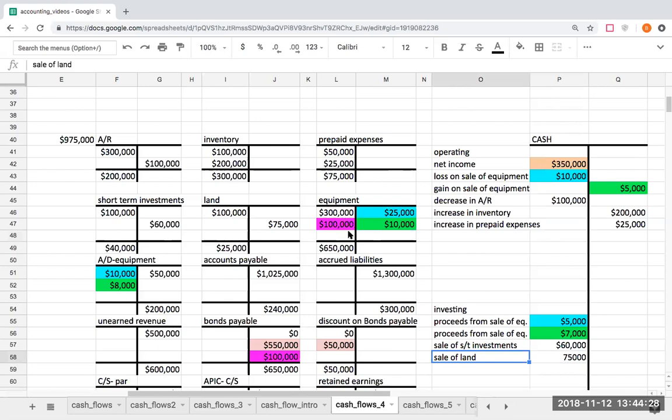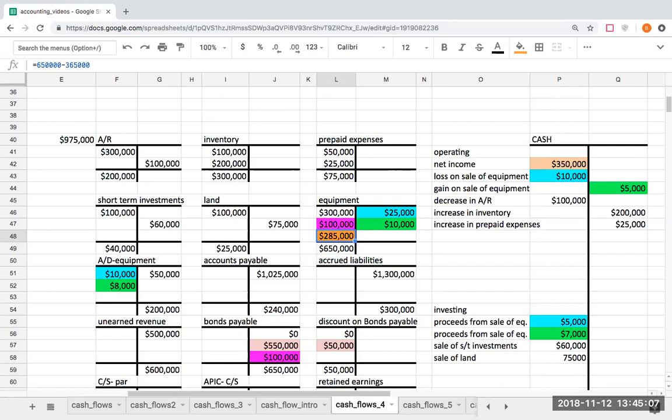If I would have just said equipment increased by $350, that's not the correct answer. What I need to do here is say, okay, what is going to be the amount that I need to use here to balance this equation? So it's going to be 400,000 minus 35,000, or 365,000, less 650, or 650,000 minus 365,000, or 285.